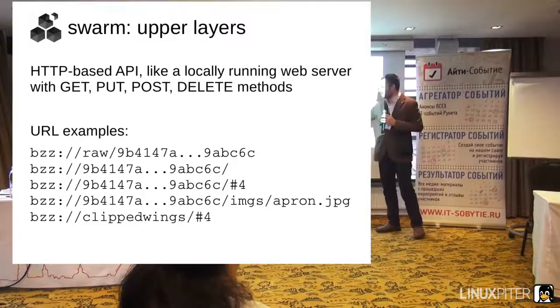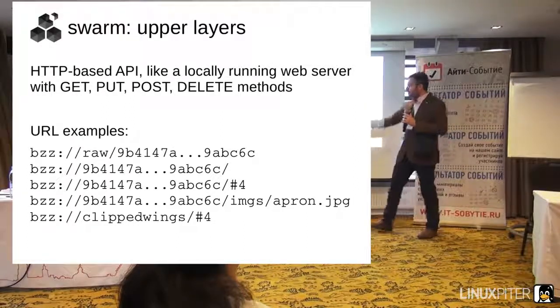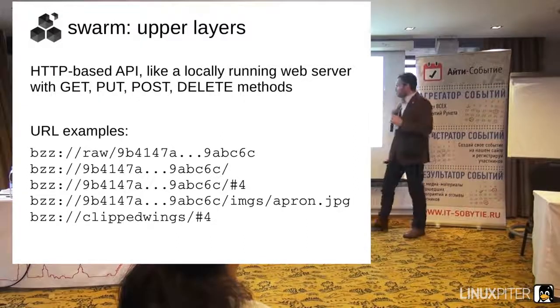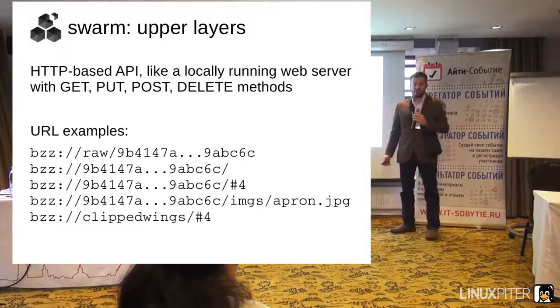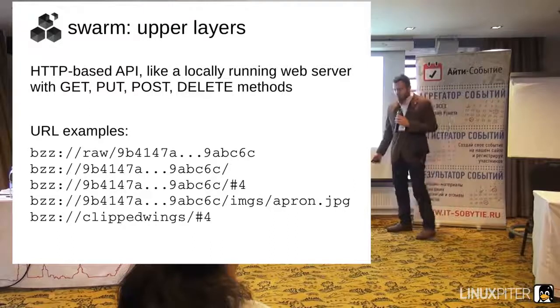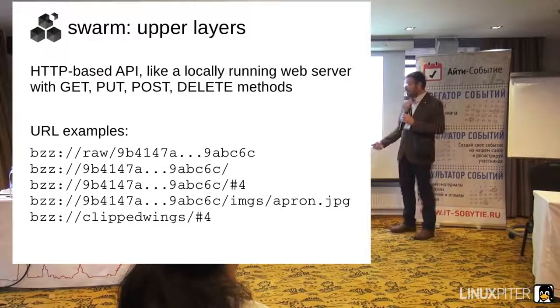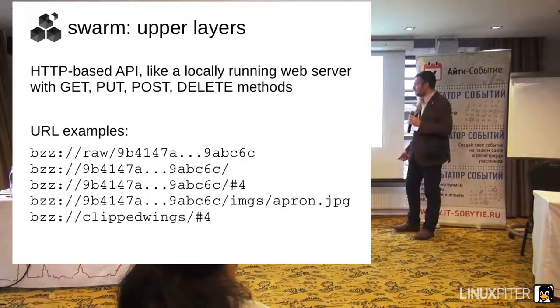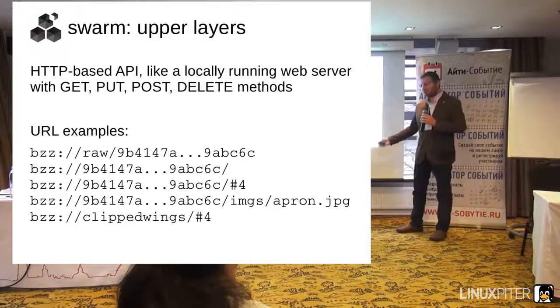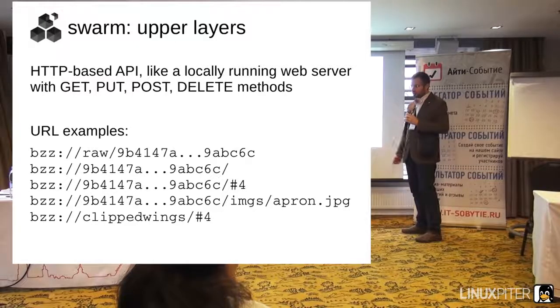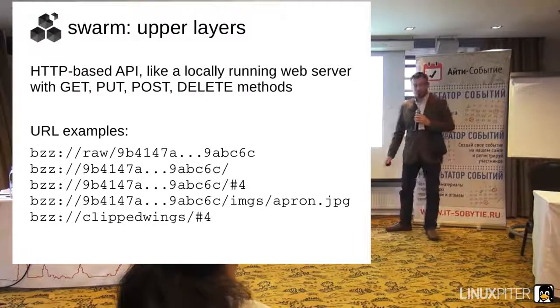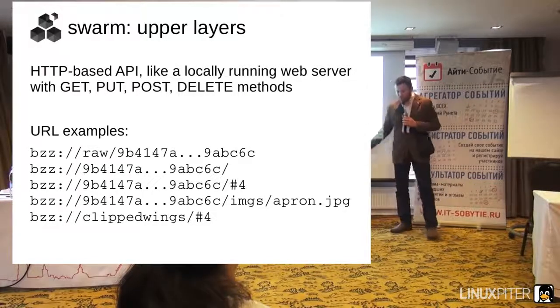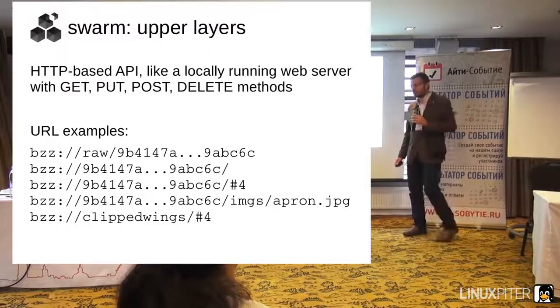The second example, where you don't have this raw part, just a hash, is going to give you the front page of a web application which is hosted there on Swarm. If it has an index HTML, then of course you are going to see the front page.